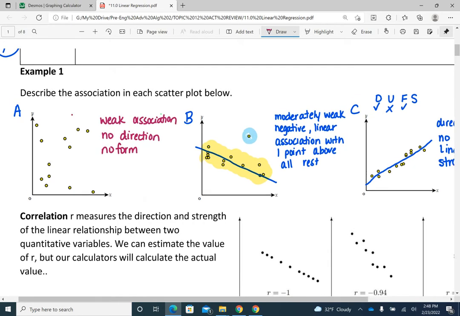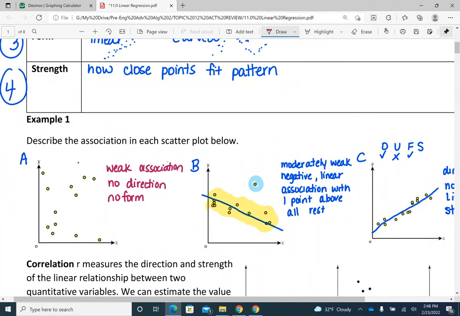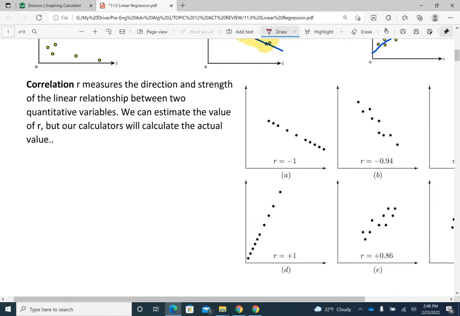So now let's go a little bit deeper into this idea of strength, because we have a measurement of strength, how close the points fit the pattern. It's called correlation. Correlation, also known as the correlation coefficient, is a numerical measurement for a linear relationship.